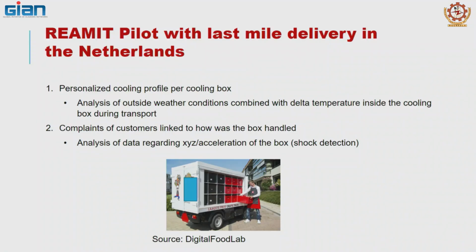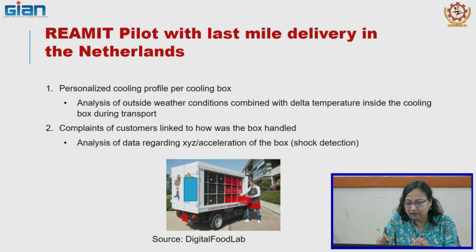This is another example. We will not be using many sensors, few sensors. Actually, we have used only the diagram. The company has not given us any permission to use the name, so I removed the name. This is from Netherlands and they have used ice packs.